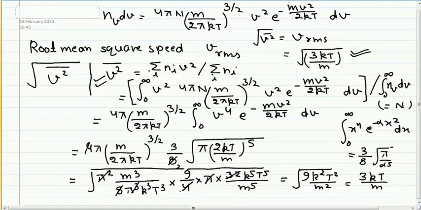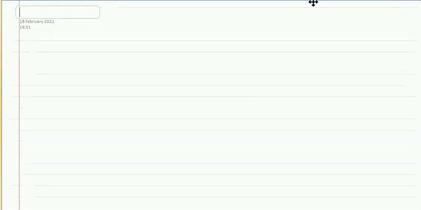So first we derived the Maxwell-Boltzmann distribution law for the speed, and then using this distribution function we calculated the most probable speed, then the average speed, and then the root mean square speed. So let us go to the next page and compare all these three speeds.